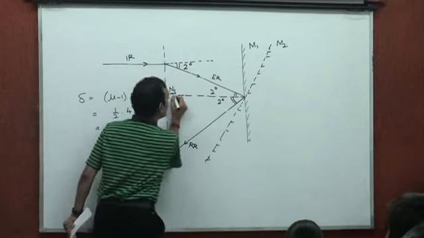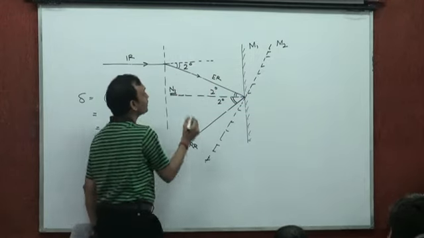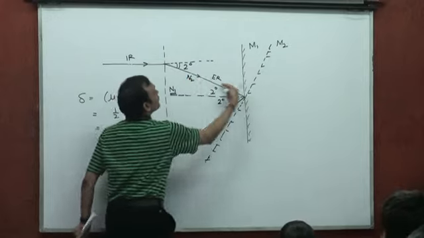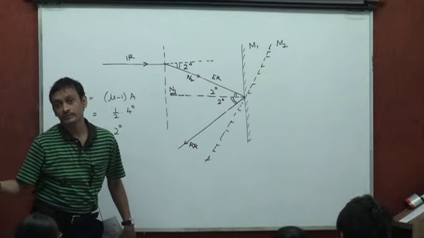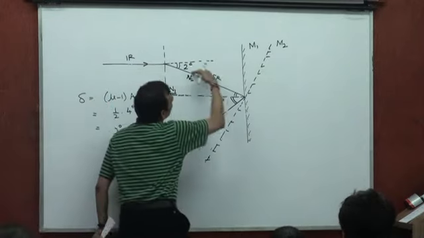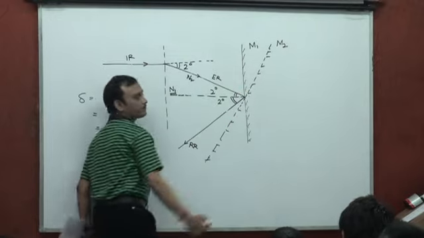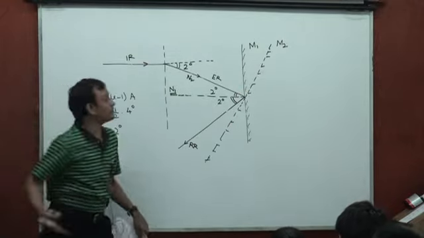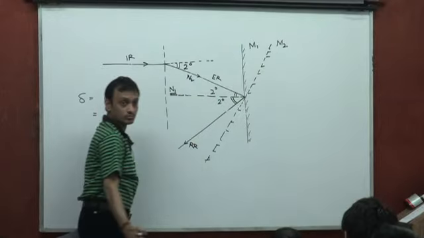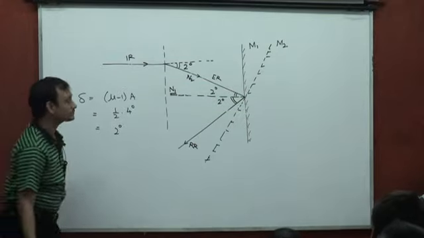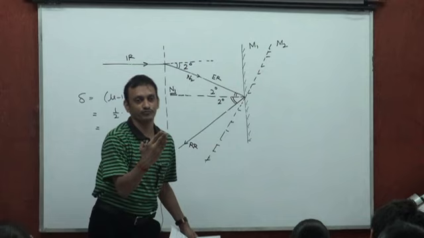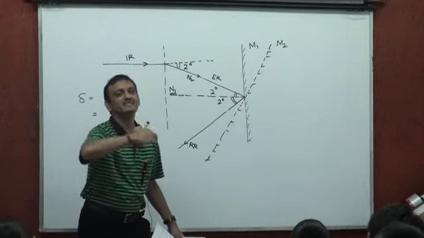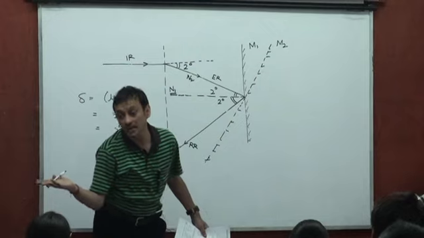So this is N1, normal to the original position of the mirror. This direction then is N2, the normal to the new position of the mirror. Yes or no? This direction of the incident ray should be along the normal to the new position of the mirror, that means the position M2. Which means the extent to which you would want to rotate the mirror is the extent to which the normals rotate.